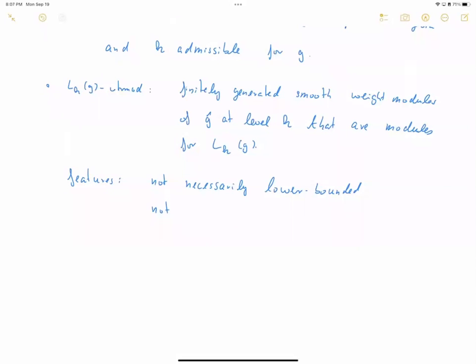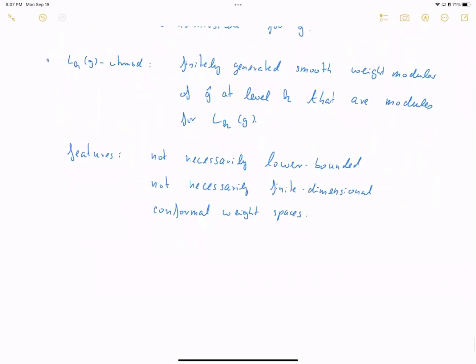And also, if you just look at conformal weight spaces, they are not necessarily finite dimensional. Okay, and so these are two features that make it maybe hard, not maybe, surely hard to study.